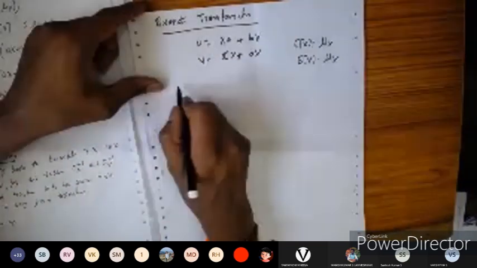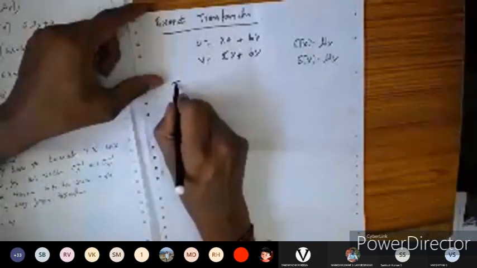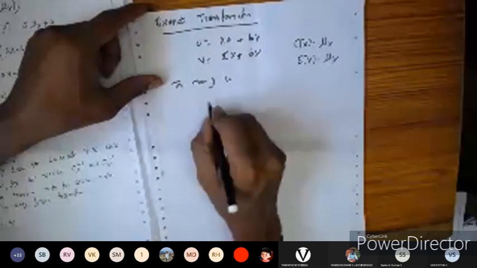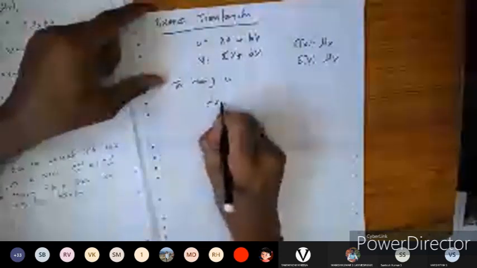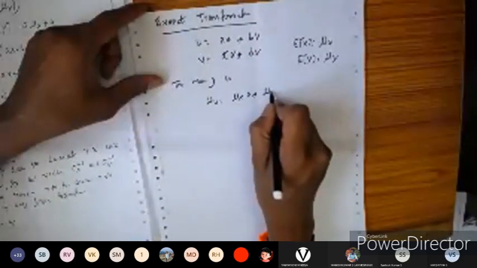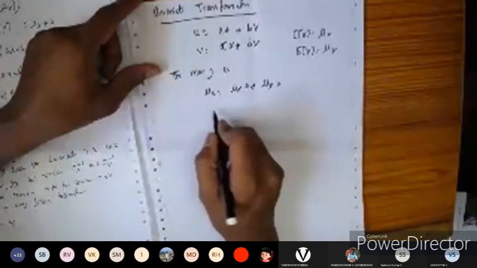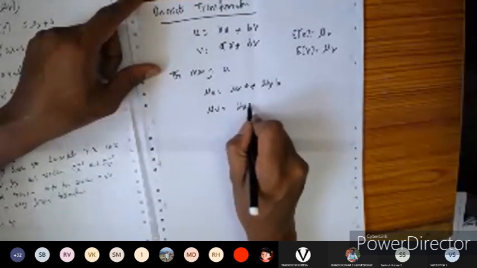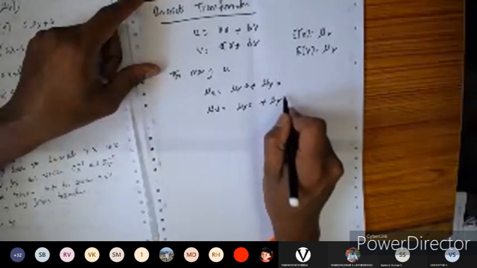You have already taken the mean of u, which is mu u equal to mu x into a plus mu y into b. Similarly, the mean of v is mu x into c plus mu y into d.